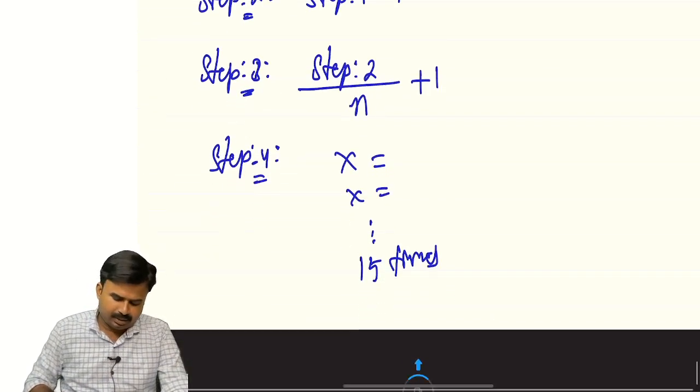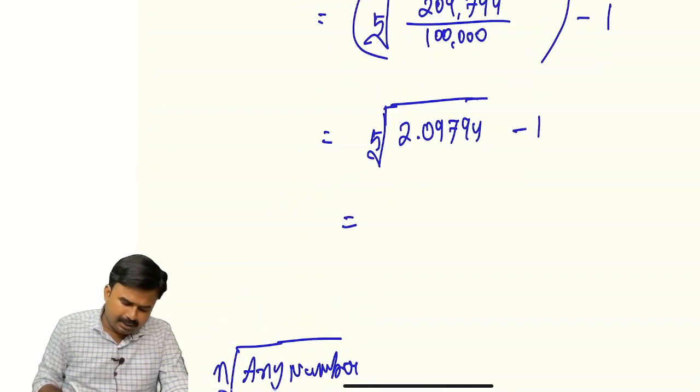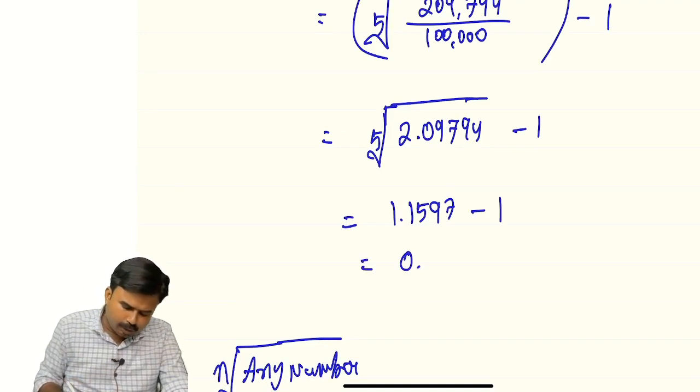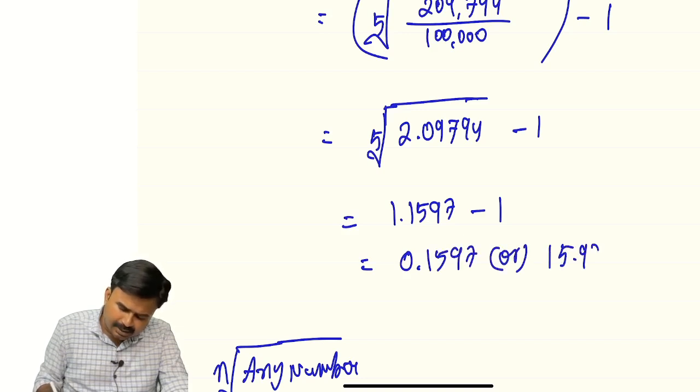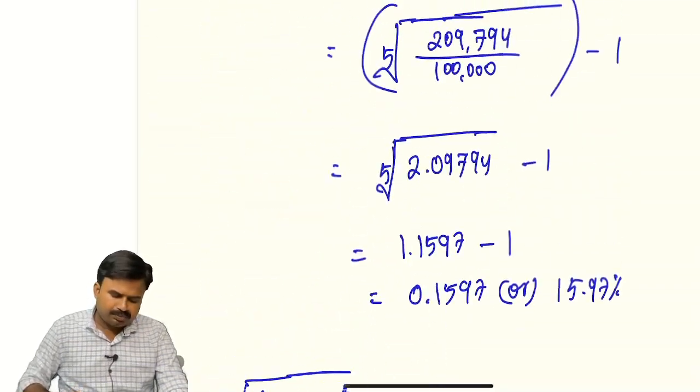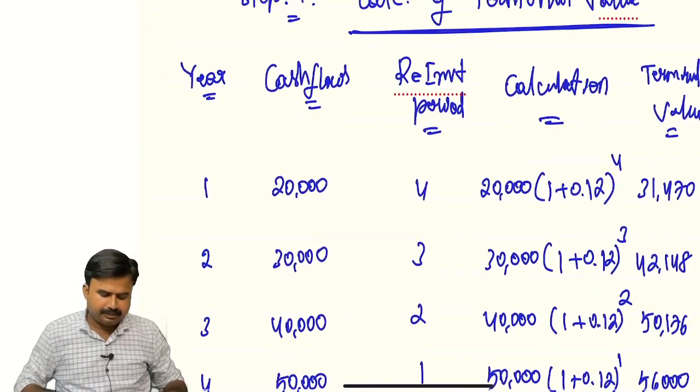I got another number after that, but there is no need to take it. It will be 0.1597 or 15.97%. Even in the study material, we got the same number. So just copy this part completely.